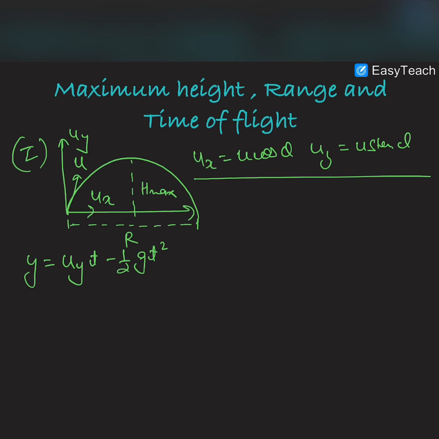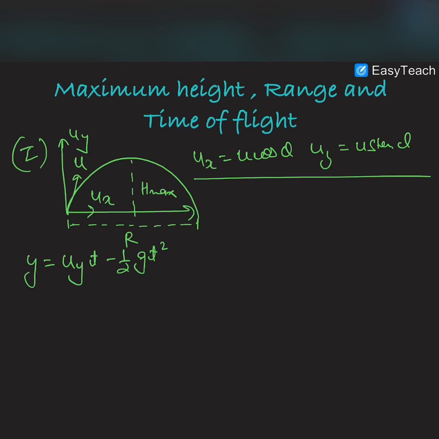Okay, so y would be, now we are talking about this complete motion. So in complete motion, the y coordinate would be 0 because the displacement in y direction is 0, because the ball started from ground and landed on ground again.